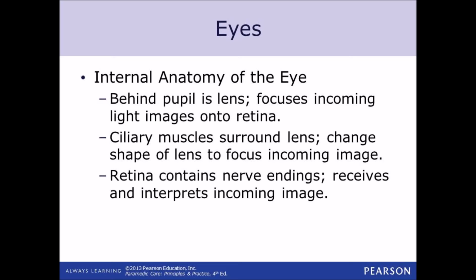There it has the specialized areas to read that, and then the image is basically received, and then it's sent down through the optic nerve to the brain. Now, of course, the lens is also going to reverse that image, so it's actually inverted and reversed on the posterior aspect of the eye, and then that is sent up to the brain, and the brain can interpret what it's looking at.